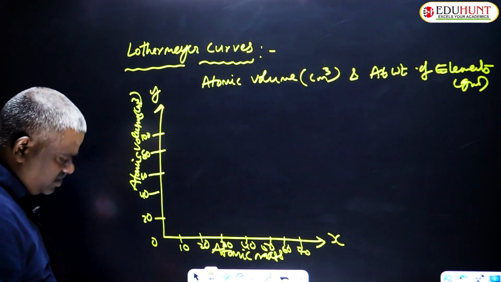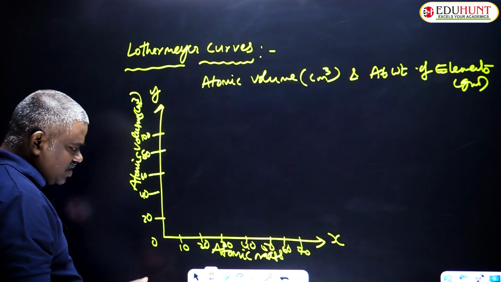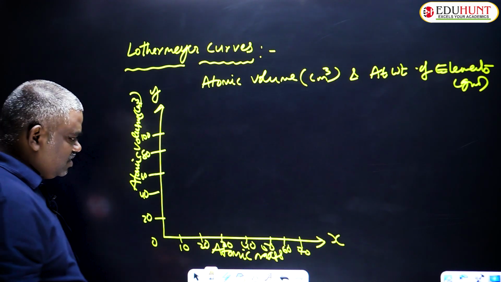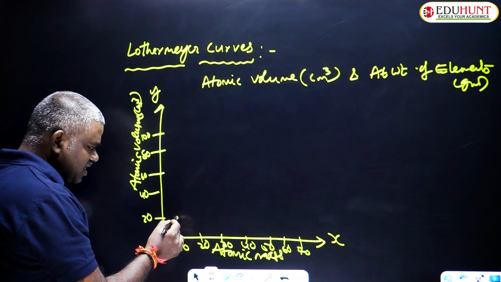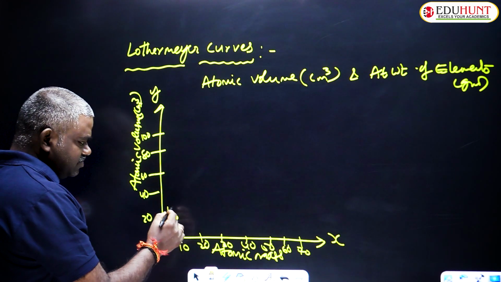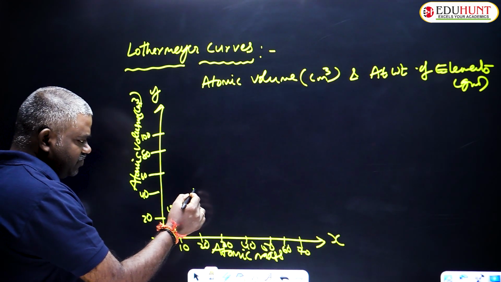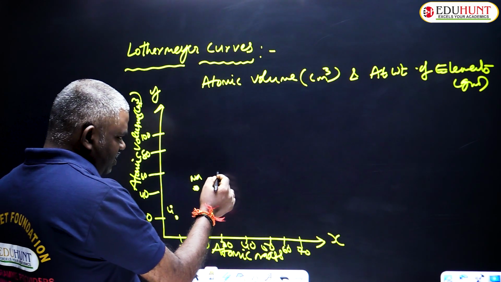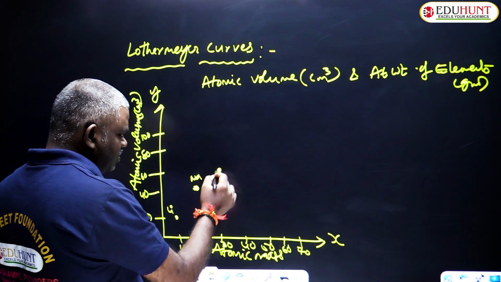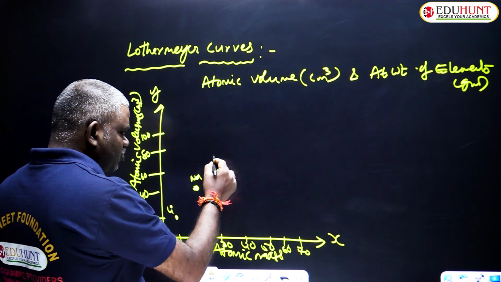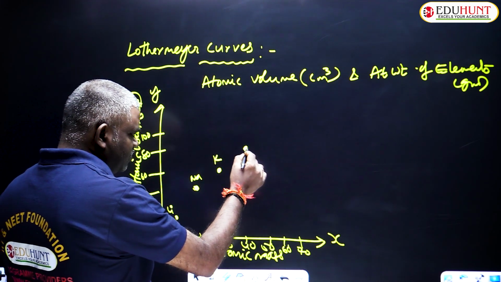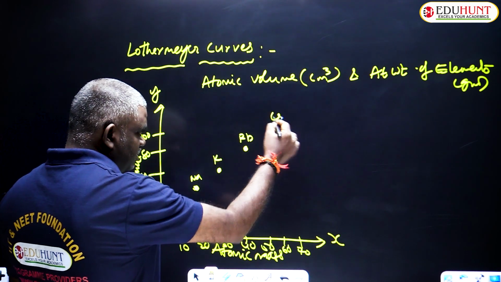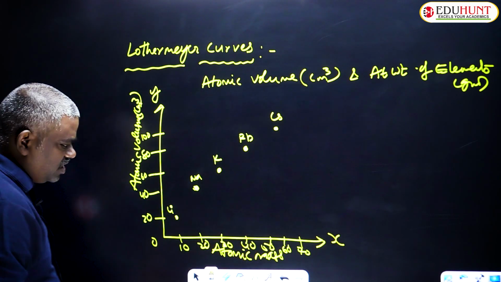See, generally according to atomic mass, one peak is obtained for lithium, another peak for sodium, another for potassium, another for rubidium, another for cesium.